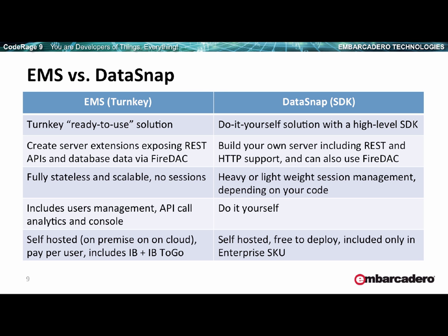And so I guess the last difference that's worth mentioning is DataSnap is part of Enterprise or above. It is part of that license, so it's free deployment, but it's only included in the Enterprise SKUs and above. EMS is an alternative that is free to develop, but you pay per user for these additional services.